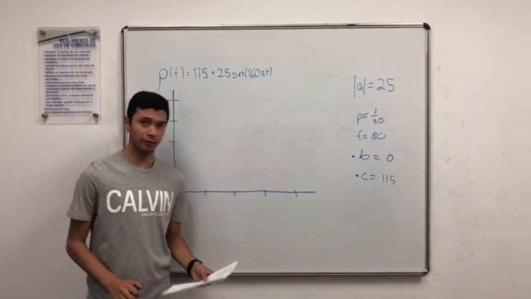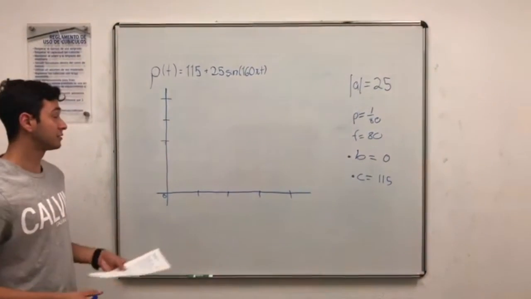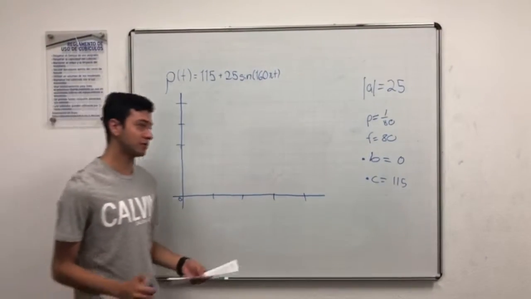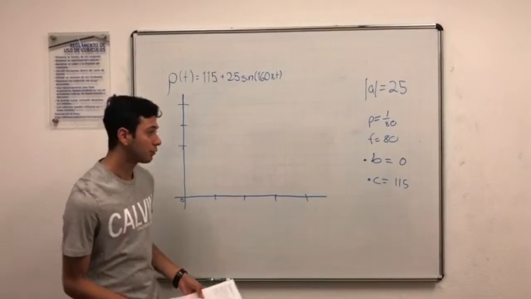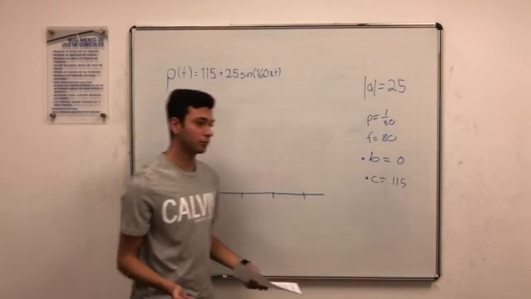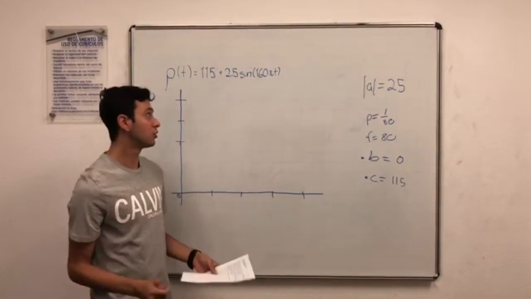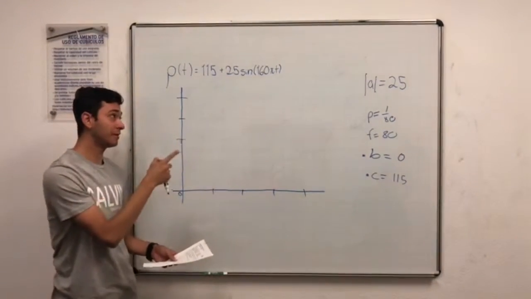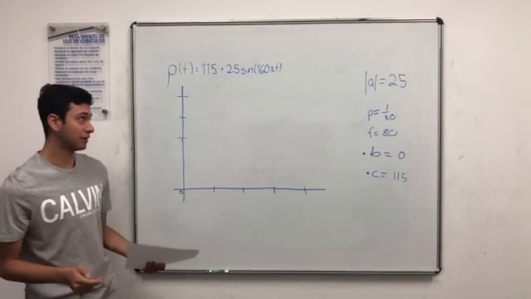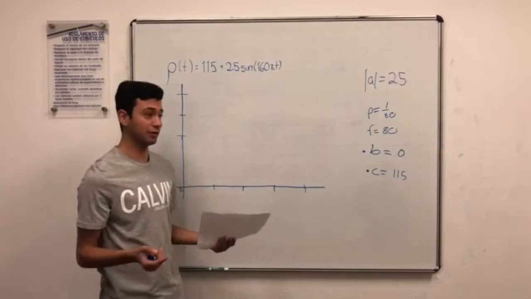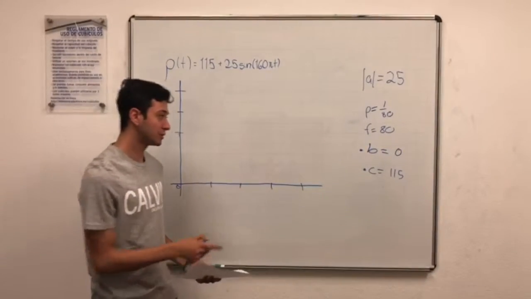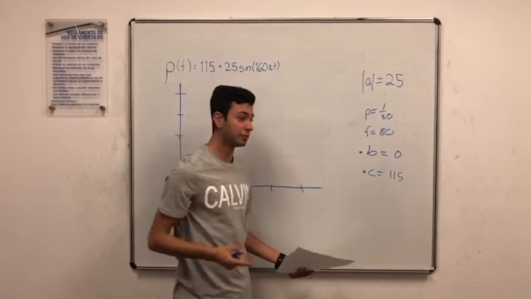Okay, so now we are going to start graphing this function, but first we need to explain some points that were added. We have now B and C. B, as you know, we got the period, so 160π times t was read off, and t was left only in the parentheses, so there was no phase shift. So that's why B is equal to 0.